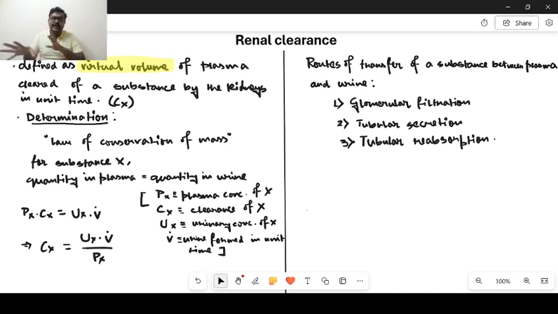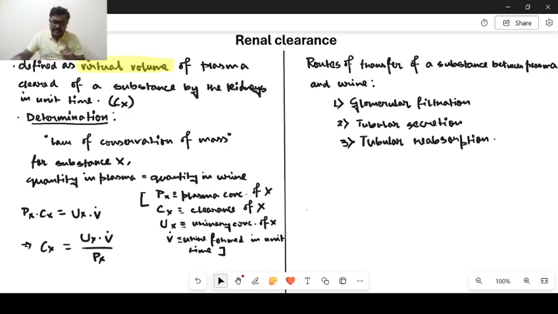Now think of a substance whose only way of transfer from plasma to urine is glomerular filtration. That is, whatever amount of plasma reaches the glomerulus, that and only that plasma is cleared of that substance.